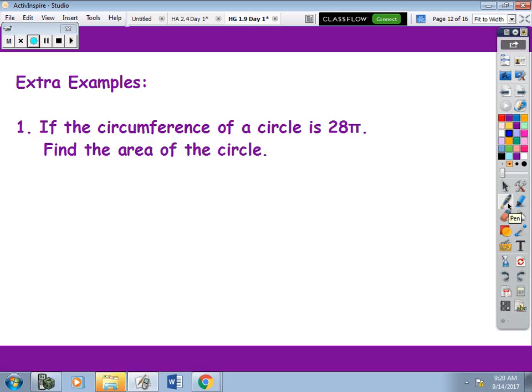So it says, if the circumference of a circle is 28 pi, find the area of the circle. All right, so looking at the question, first of all, they want me to find the area of the circle. So I'm going to jot down the area formula. Area of the circle is pi r squared.